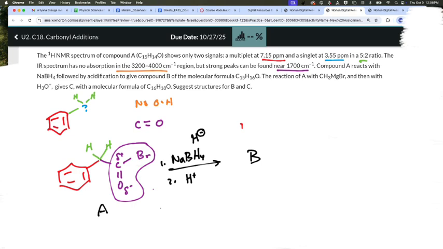I know I'm looking at polar pi bonds and their reactivities, and we're focused primarily on aldehydes and ketones. It can't be an aldehyde, so it has to be a ketone, but a ketone is going to bring in more hydrogens. But could I bring hydrogens in such a way that I don't bring in new hydrogens? Yeah, if we duplicate.